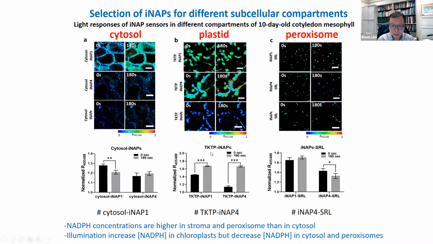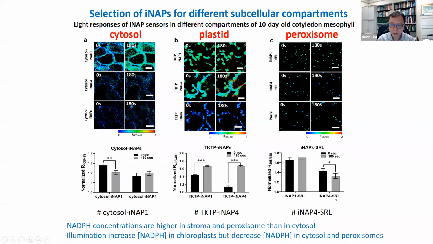And for the iNap sensors in chloroplast, we can see that the iNap4 gives a stronger change in the ratio. And in peroxisome, the iNap4 also gives a bigger change.